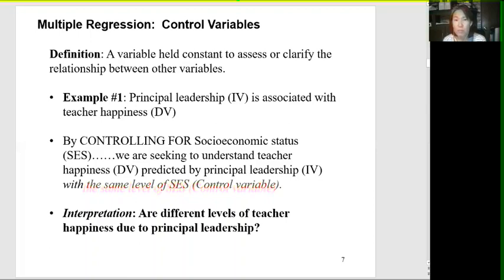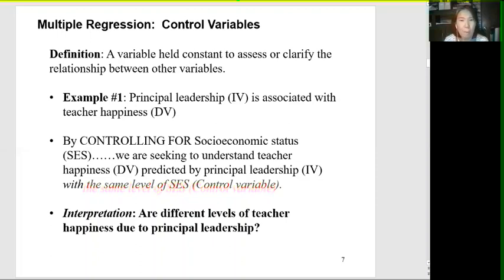Maybe if the principal is too good and the teachers are not appreciative or happy about it, I don't know. But anyway, whenever you write your statement, please be clear and be specific. Currently, this example one does not have any direction, so it's not that good.